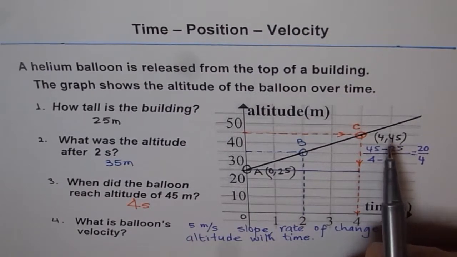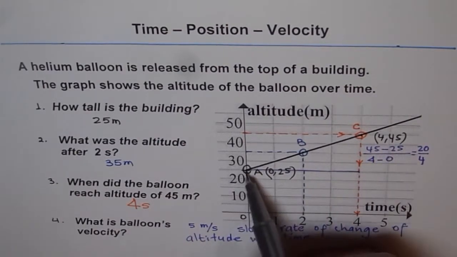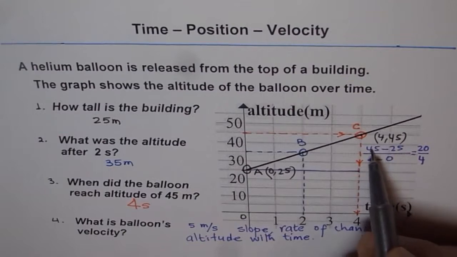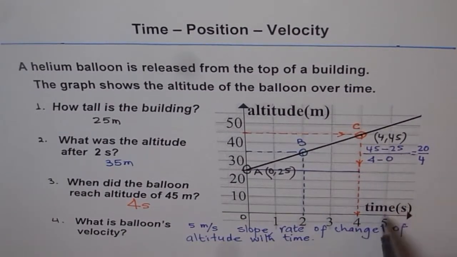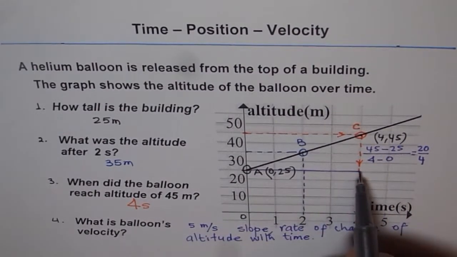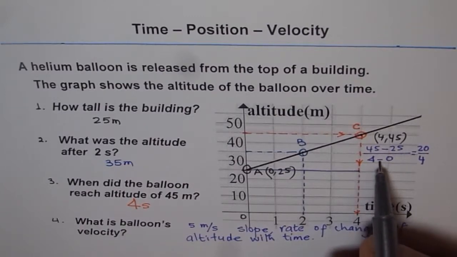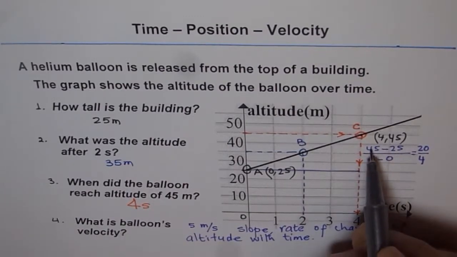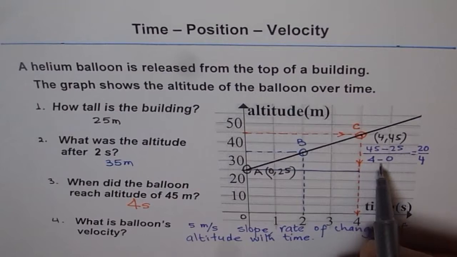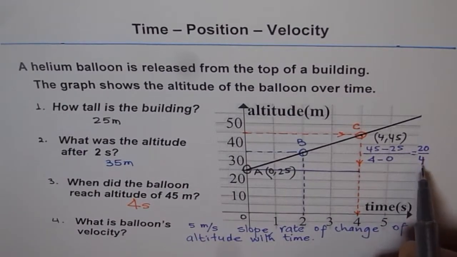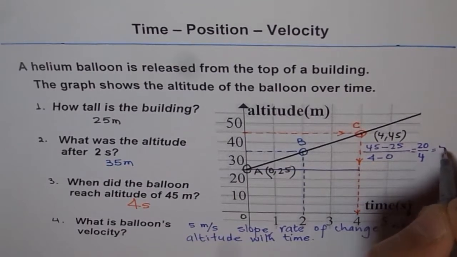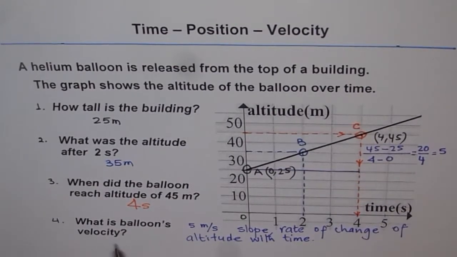Altitude changes from 25 to 45, so it is 45 minus 25. Change in time is from 0 to 4, so final is 4 minus initial. It is final minus initial; order should be maintained. So we get 20 divided by 4, which equals 5. And therefore, we got a velocity of 5 meters per second, correct?